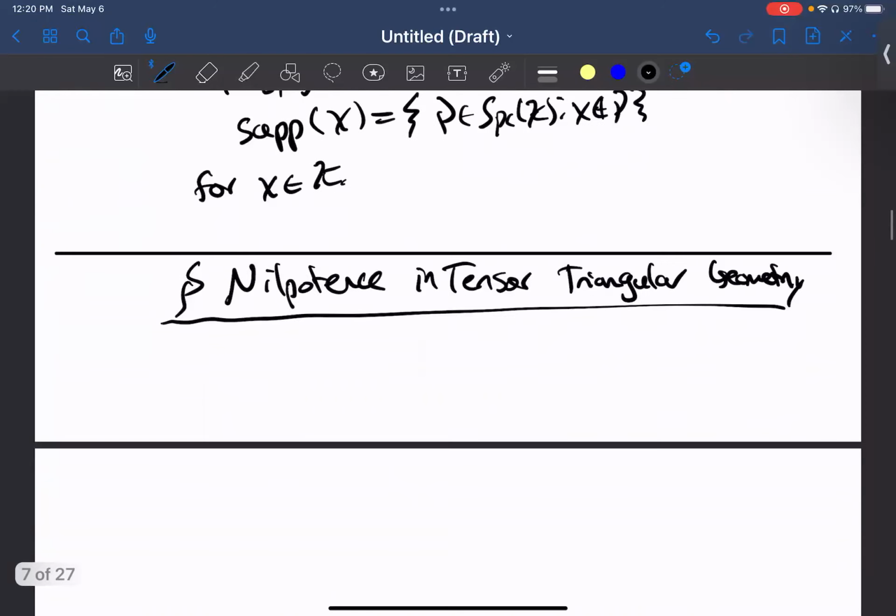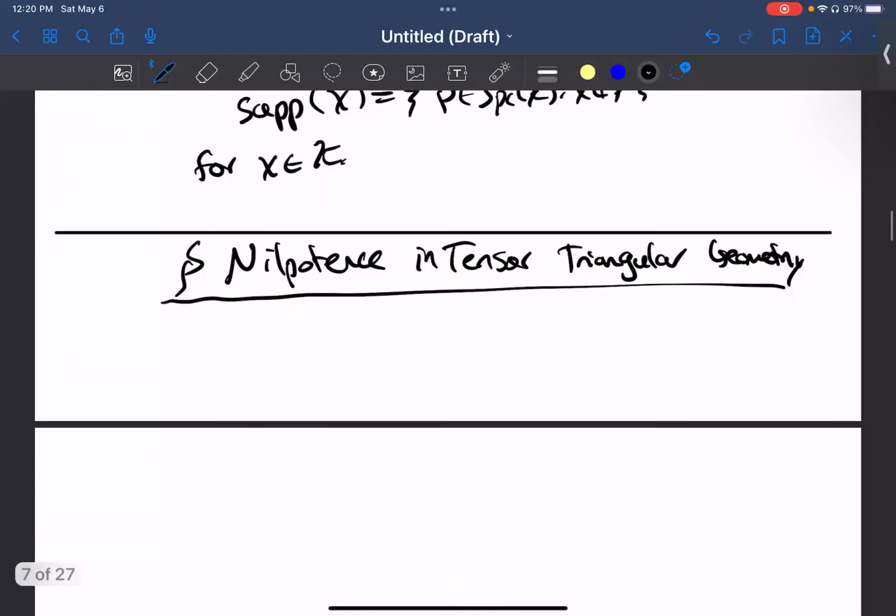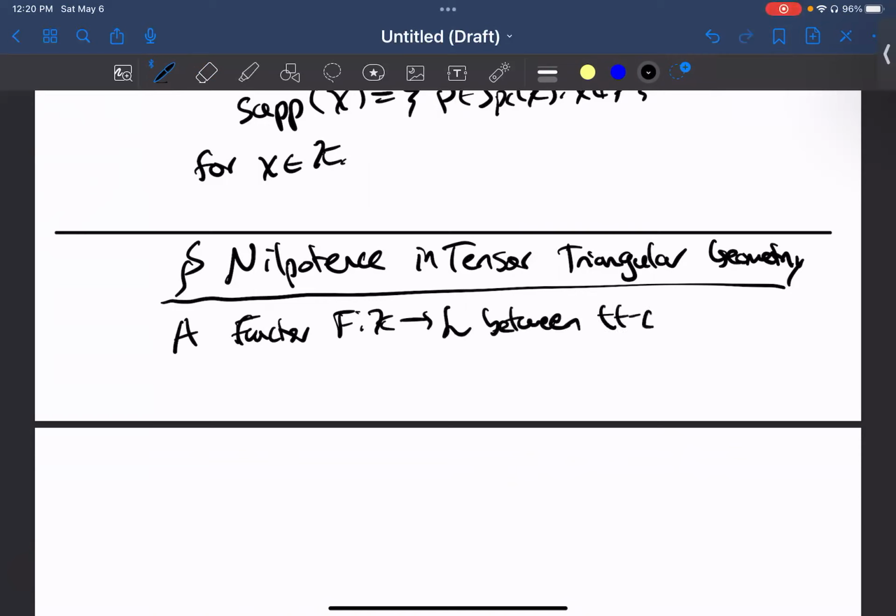So we're going to say that a functor F maps K to L between tensor triangulated categories. I want this to be symmetric monoidal, I want it to preserve the duals, and I want it to be exact.